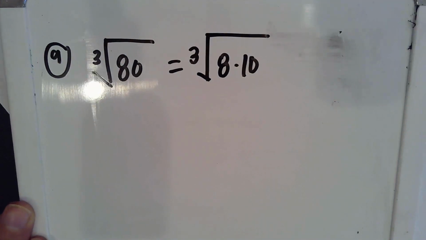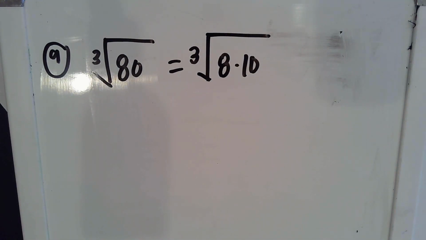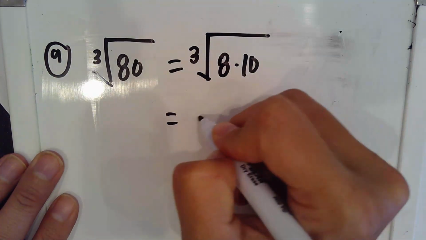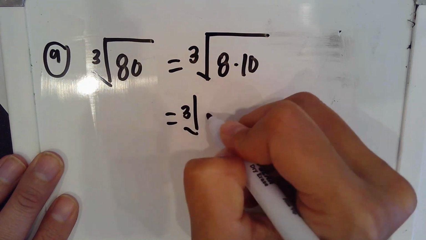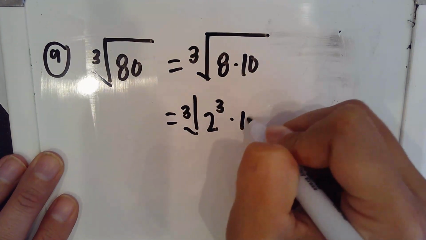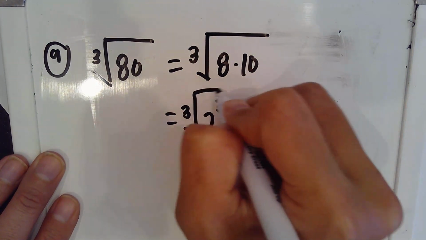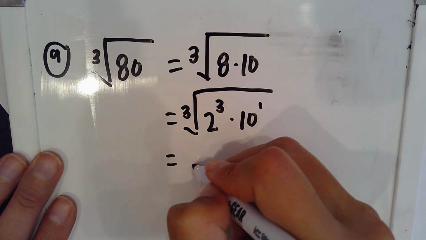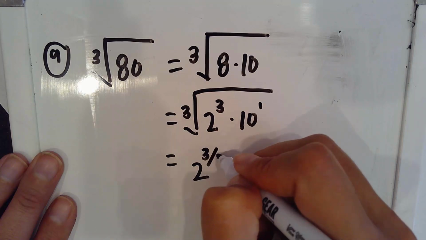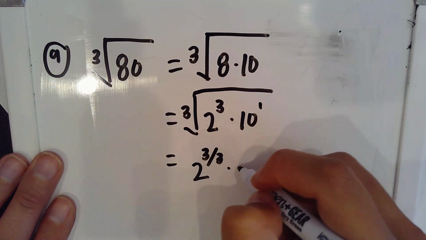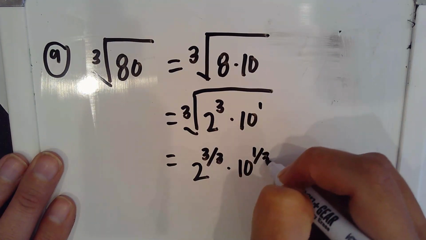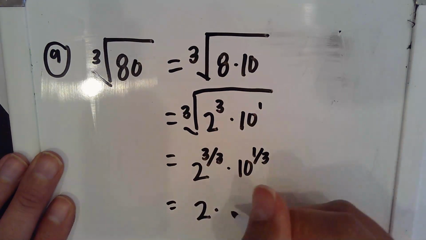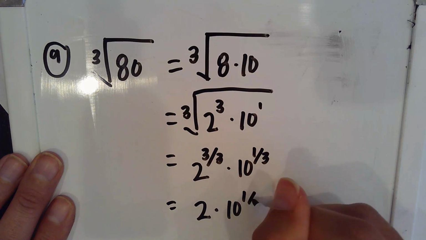So is there a cube root inside there? 8 is 2 cubed, right? 10 is just 2 times 5. So if I were to rearrange this, it would be 2 to the 3, and then 10 to the 1/3 like that. 3 over 3, so this is just going to be 2 times 10 to the 1/3.